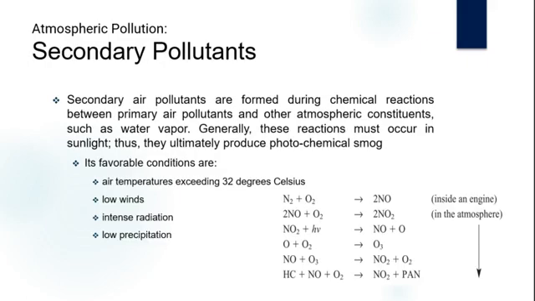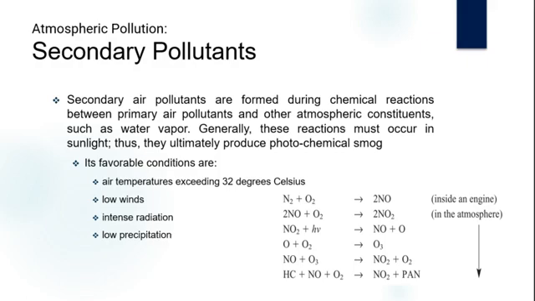Now this time, we're going to talk about the secondary pollutants. Secondary pollutants are formed during chemical reactions between primary air pollutants and other atmospheric constituents, such as water vapor. Generally, these reactions must occur in sunlight, thus they ultimately produce photochemical smog.